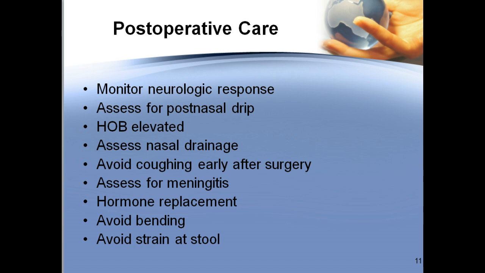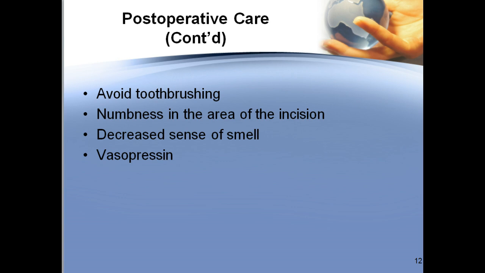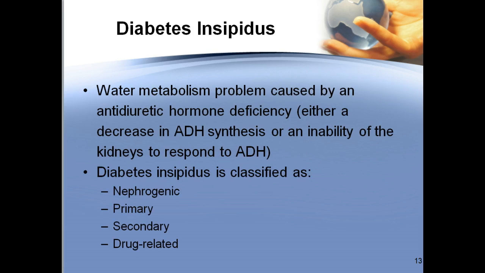You want to avoid straining at stool. Avoid toothbrushing. You want to assess whether or not there's numbness in the area of the incision. Initially, that would be normal. Sometimes people have a decreased sense of smell, and they're also going to administer post-op vasopressin.